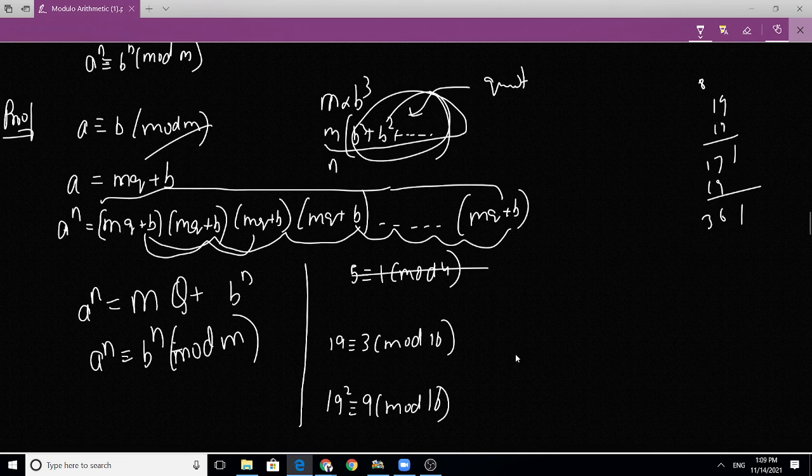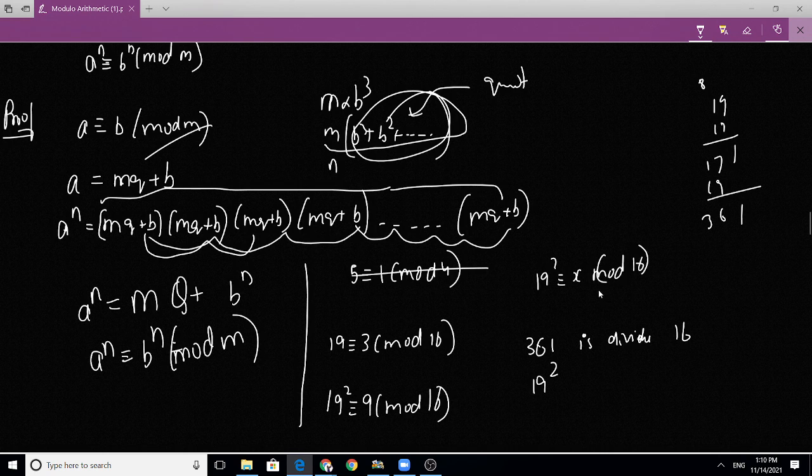So if you see, what is the remainder when 361 is divided by 16? If you know, unlike me, that 361 is 19 square, then you want to find 19 square congruent to x mod 16.